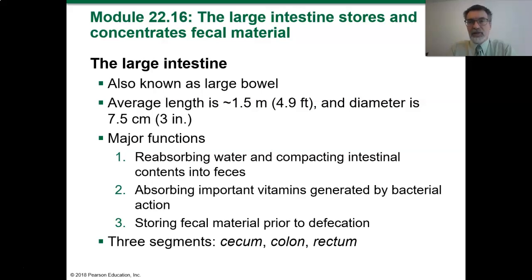Bacteria, as we talk about in microclass, can produce some of the B vitamins and vitamin K. So those are important for our overall health. Not huge amounts of vitamins, but enough to help supplement our activity. Right? It's also going to store fecal material at the end of the system until we're ready to have a bowel movement.